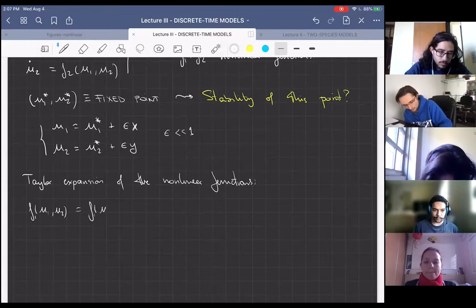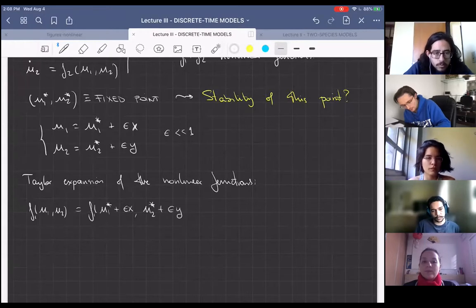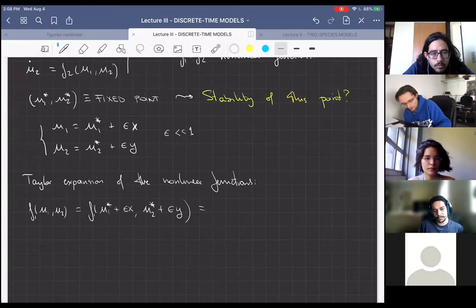F1 evaluated in U1 star plus epsilon X and evaluated in U2 star plus epsilon Y. And now I have to do a Taylor expansion of this function that I can write here.